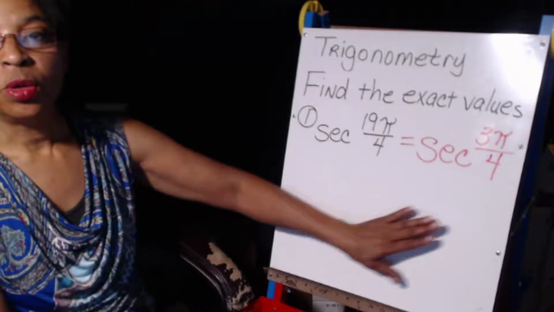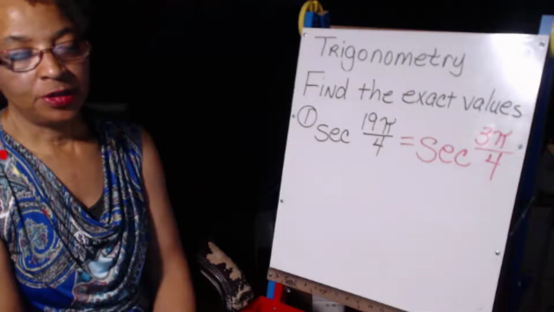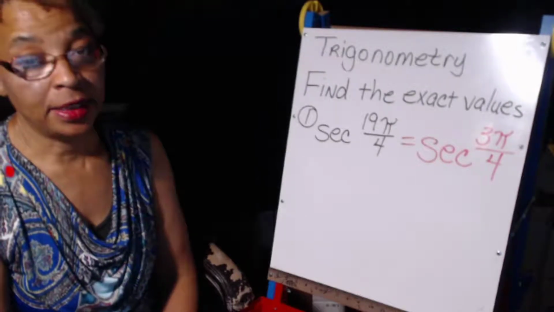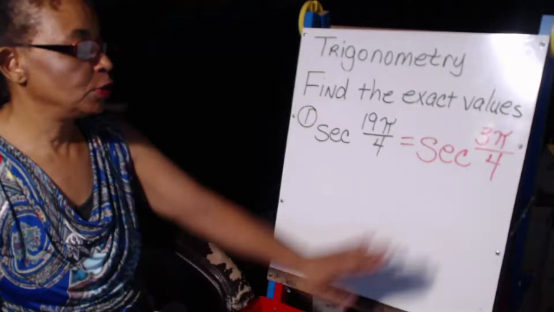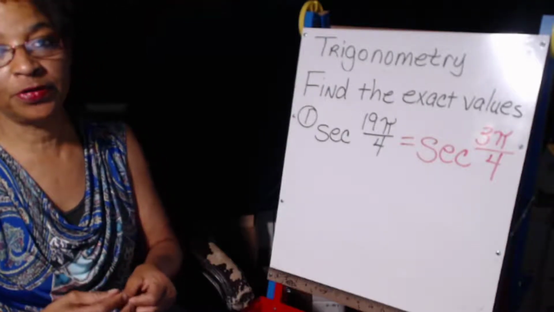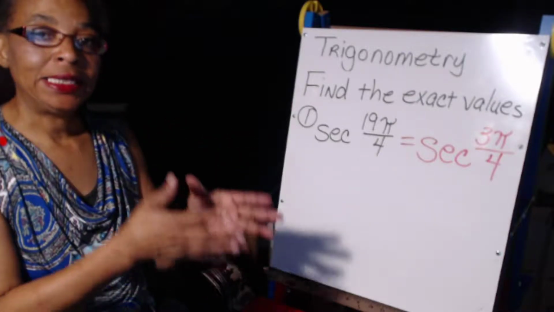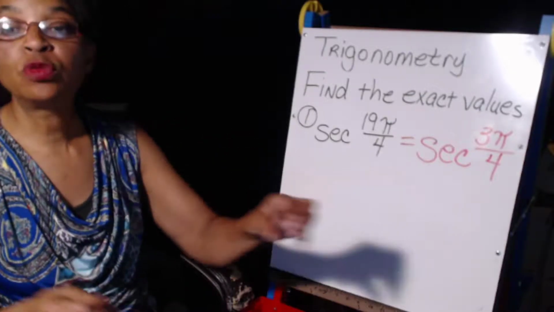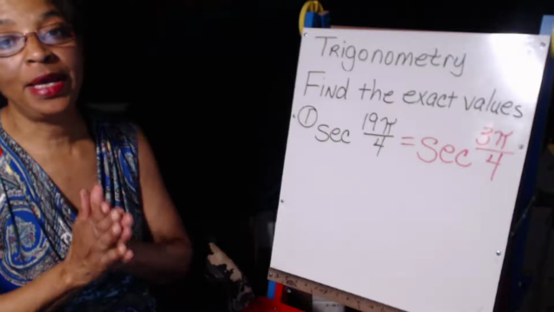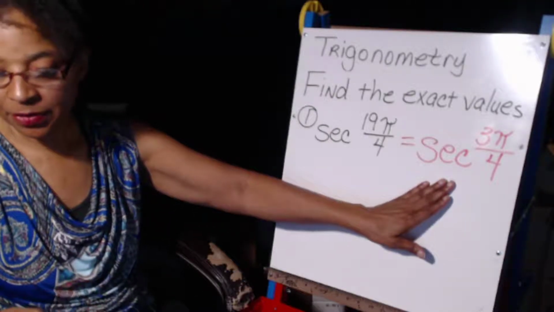Okay, so what is the secant of 3 pi over 4? That communicates a few things to me. First of all, it tells me that it's not in the first quadrant, because the first quadrant would be without the 3. It would just simply be secant of pi over 4. It is in the second quadrant, and in that case, secant as well as cosine represents your x values, and it's negative in the second quadrant.